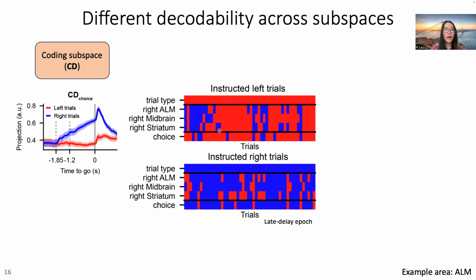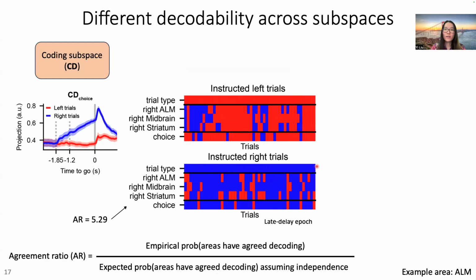And in the middle are the choice decoding results from each of the brain areas recorded in this session. We see that the choice predictions from the 3 areas are often very correlated, and specifically, these areas tend to make error predictions at the same time.